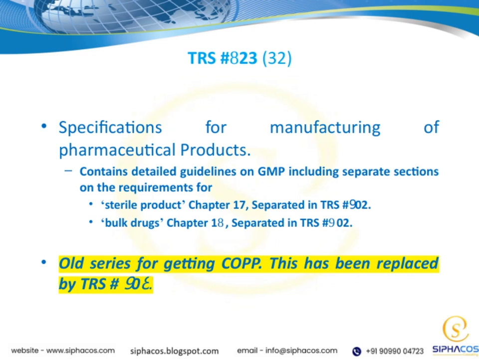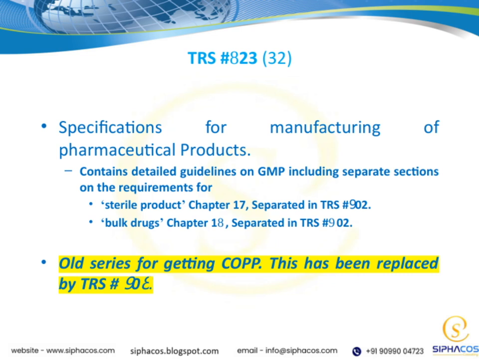Sterile products demand extra precautions to prevent contamination, so having dedicated guidelines helps maintain their integrity. Similarly, Chapter 18 covers bulk drugs, also separated within TRS 902.